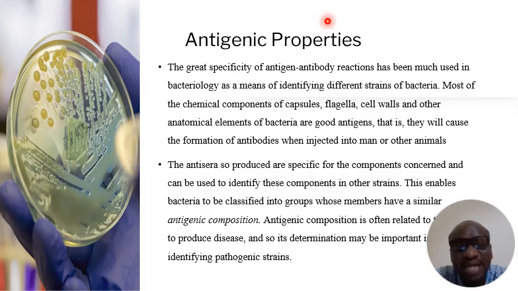So these specific antibodies, which are specific to the components of this particular bacteria, can then be used to identify the particular bacterial strain. So to classify bacteria based on antigenic composition, it helps to detect pathogenic strains. It also aids in vaccine development.